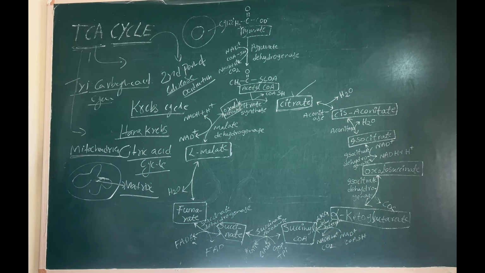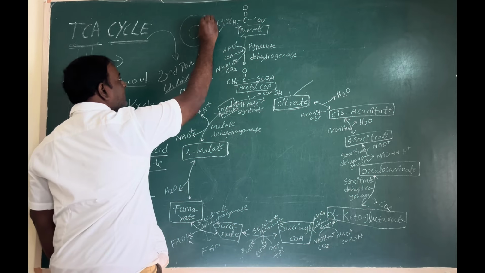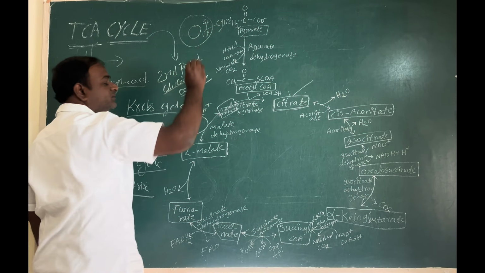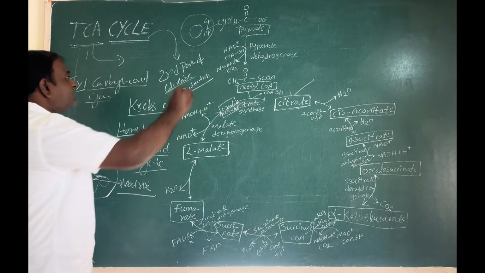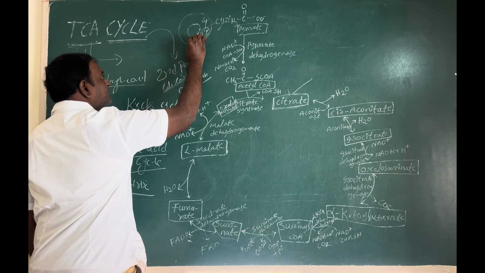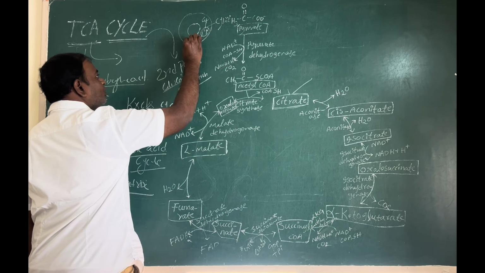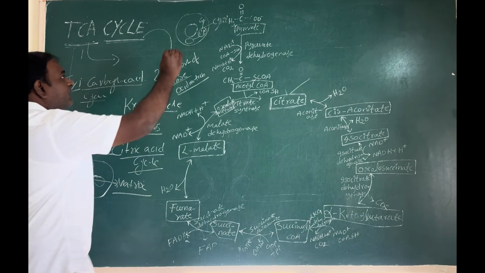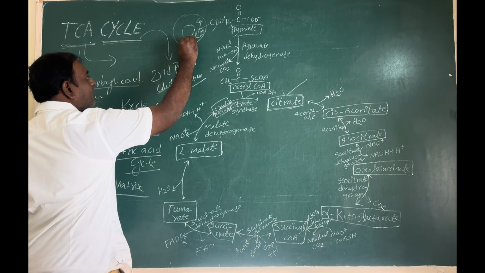This is the cytosol. Glycolysis occurs here. That is, glucose is converted into pyruvate. And this pyruvate which is formed in the cytosol will enter into the mitochondria, where the TCA cycle will occur.